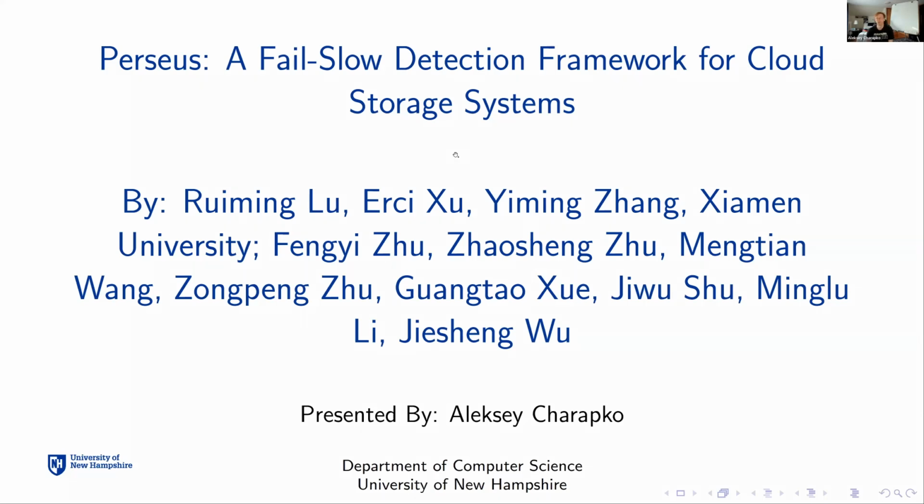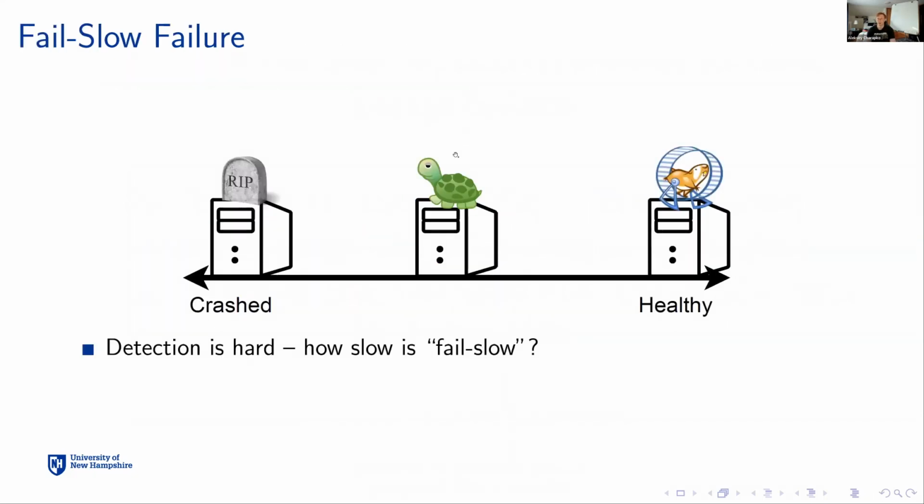Let's talk about slow failures first, right? Traditionally, when we think about distributed systems, we want them to be fault tolerant, right? And the more traditional fault tolerance models assume things like machines failing or network failing, and the failures are almost binary.